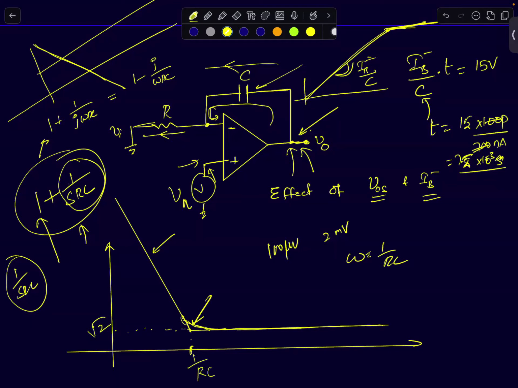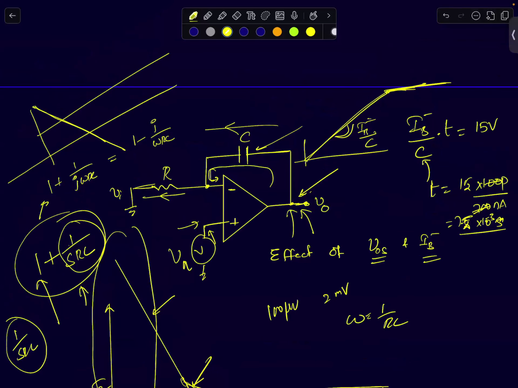Again, if you notice this graph, at low frequencies, the noise is getting amplified. So whenever you build an op-amp integrator in open loop, the low frequency noise is dominated by flicker noise, which will have a profile like this. That can also saturate your op-amp. Okay, the low frequency noise can actually saturate your op-amp's output.